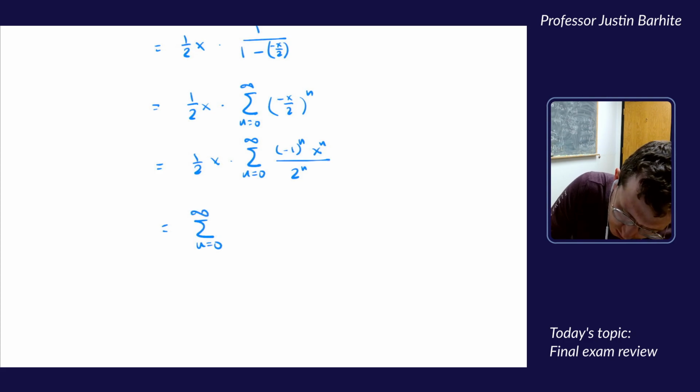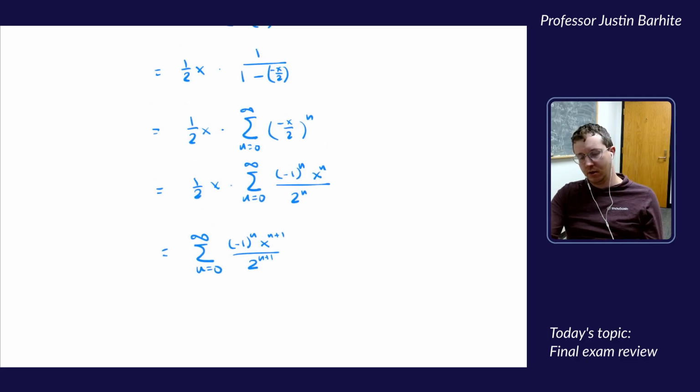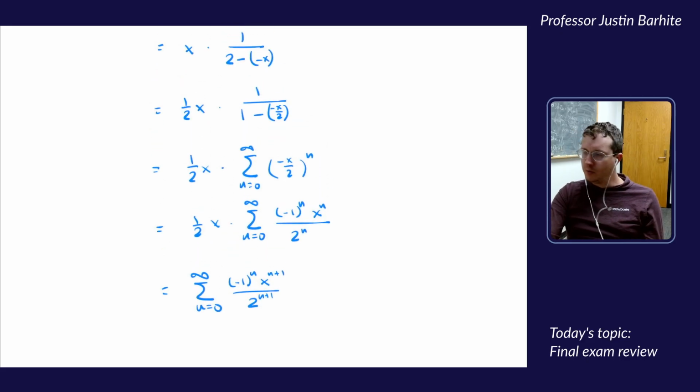And then when we bring in that 1/2 x, we're going to get minus 1 to the n, x to the n plus 1 over 2 to the n plus 1. So here's a power series for 2 over 2 plus x.